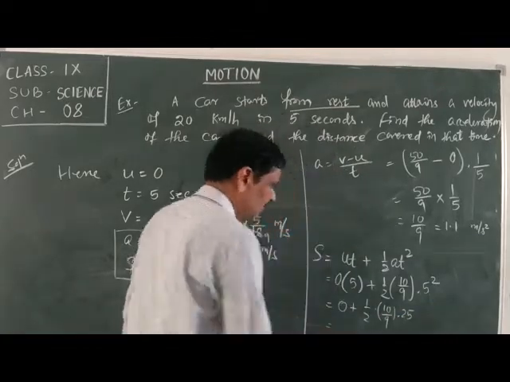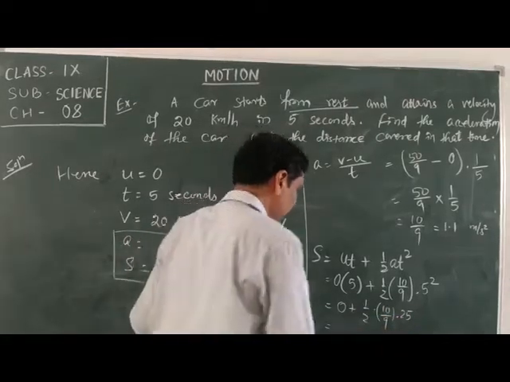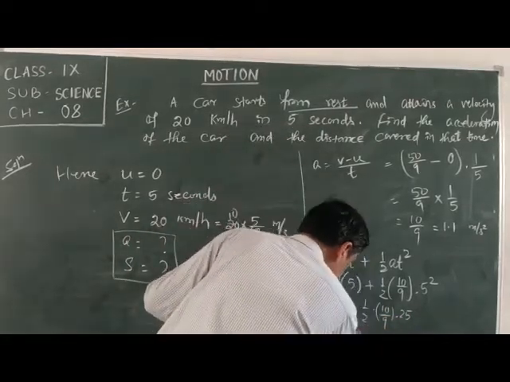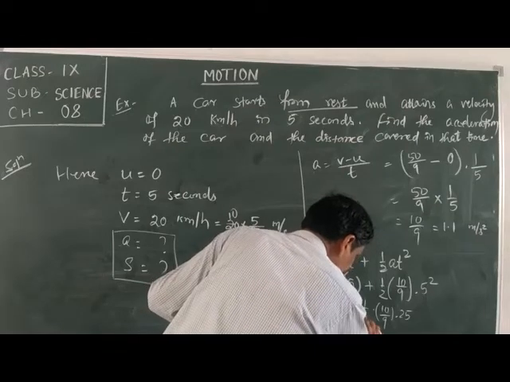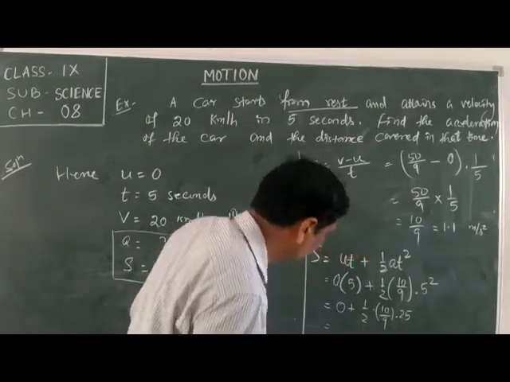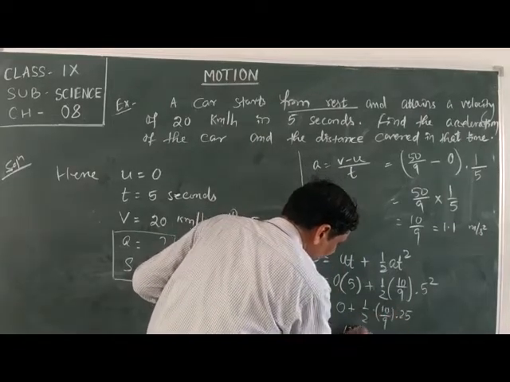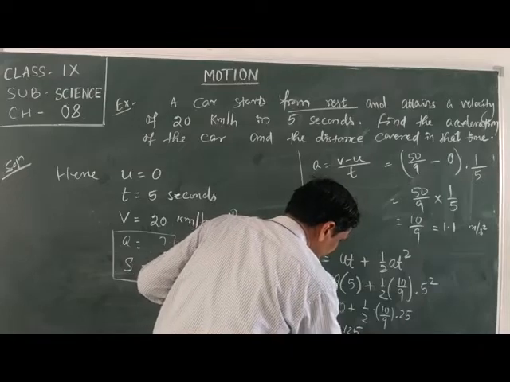This becomes 25 into 10 is 250 by 18, or you can cancel here, 125 by 9 meter.